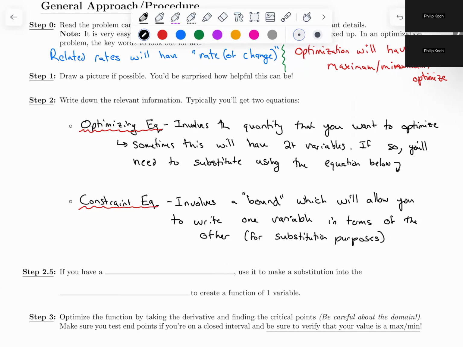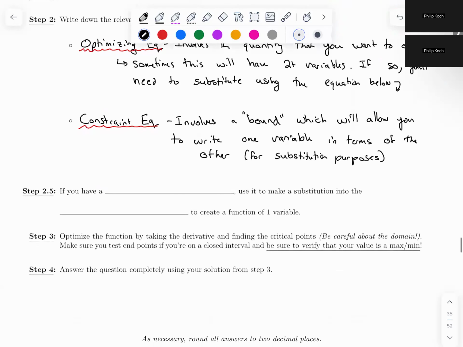You'll see. But if you do have that situation, if you do have a constraint equation, use it to make the substitution into the optimizing equation to create a function of a single variable, because this is single variable calculus.